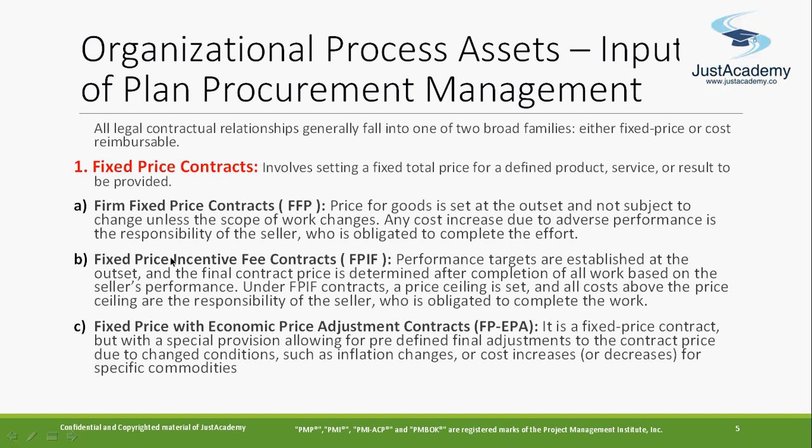Another is called a fixed price incentive fee contract. It says the performance target established at the outset of the final contract is determined after the completion of work based on the seller's performance. Here there is a difference. The price is near about fixed, but you are going to observe their performance also, the equipment or material they are using and how it performs.